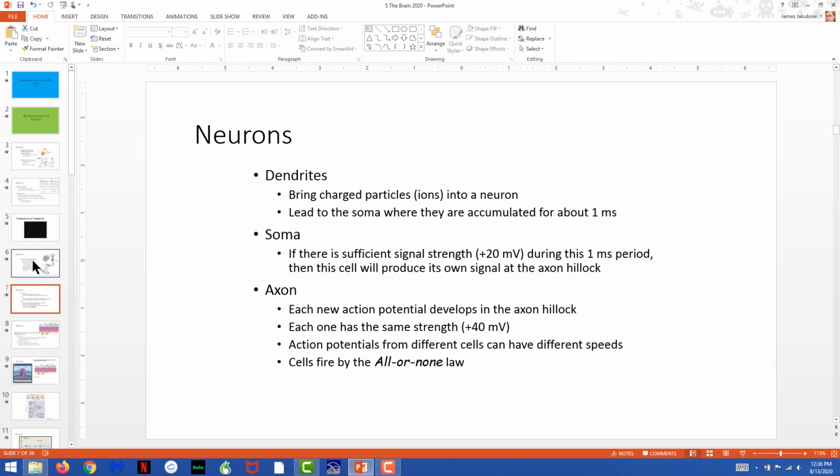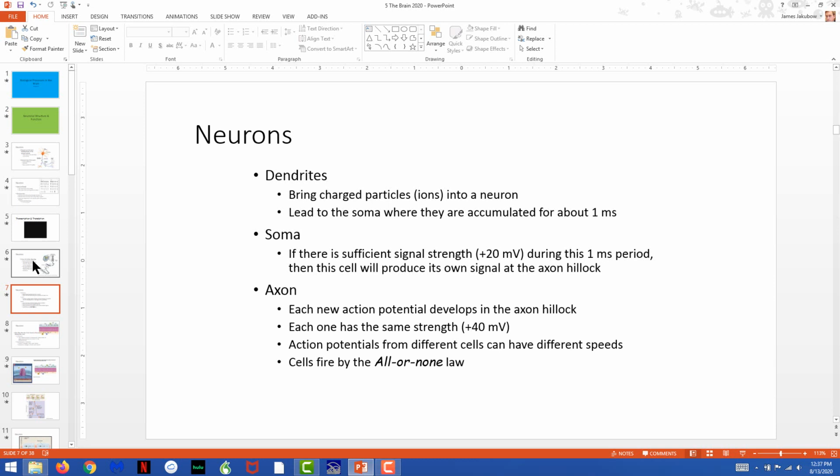As you might imagine, there's a variety of different dendritic pathways into the soma, and any one of them randomly may be causing sodium, for example. I'm just going to stick with sodium because it's positively charged. Sodium comes up these dendritic areas, and if you ever reach a point in time in which a positive 20 millivolts of charged particles have reached the soma, then you will generate biological electricity in the axon.